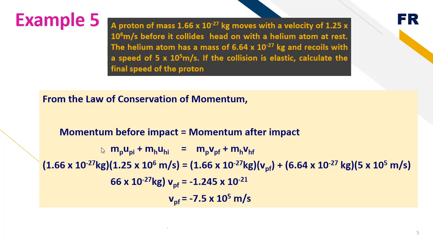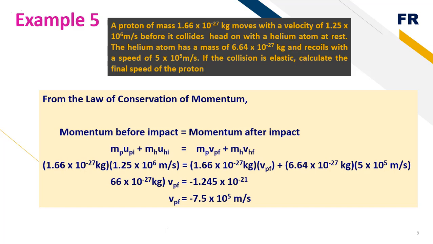Now let us look at an example of an elastic collision. A proton of mass 1.66 times 10 to the power of minus 27 kilograms moves with a velocity of 1.25 times 10 to the power of 6 meter per second before it collides head-on with a helium atom at rest.